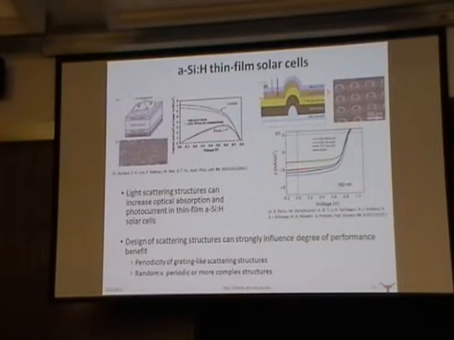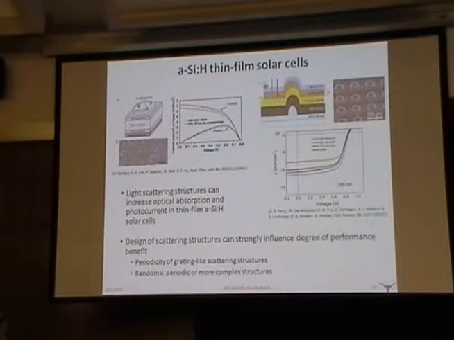But the amount by which it increases actually depends quite a bit on the nature of the topography that you introduce. So for different periods, 500 nanometers is the blue pitch, 700 nanometer pitch is the red, they're actually quite different. And then the randomly textured Asahi glass is sort of in the middle here.